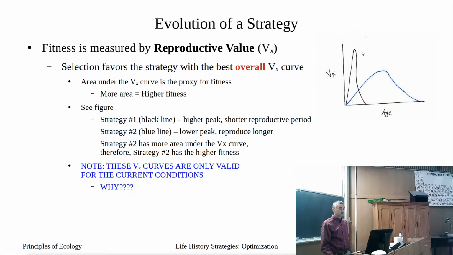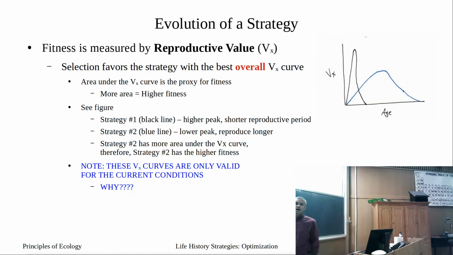So that's strategy one. Strategy number two is this blue line. Now we have a lower peak, probably because we're not investing in producing a huge number of offspring. Also it seems a little bit flatter, which probably means we're investing a little bit more in maintenance and survival.